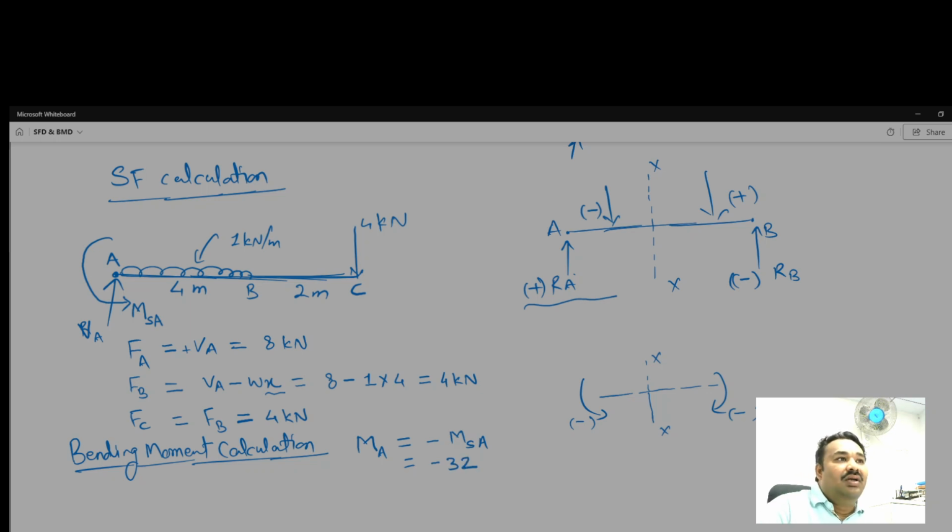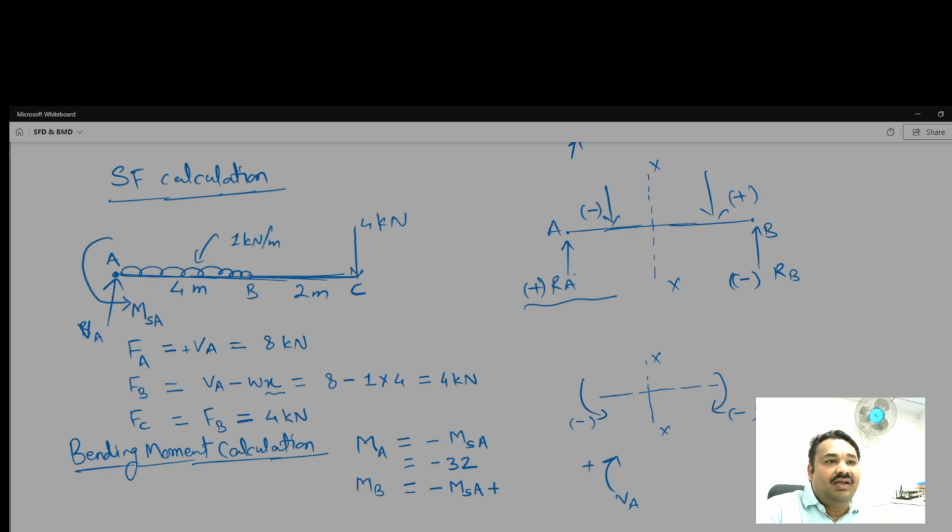And what about at B? Bending moment at B. What we have to consider is this support reaction moment, and also the support reaction VA, and the direction is like this. VA contributing like this means we take it positive.